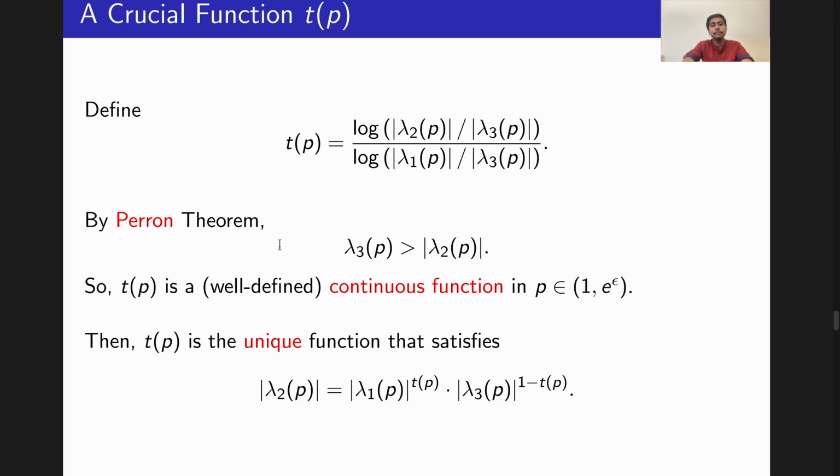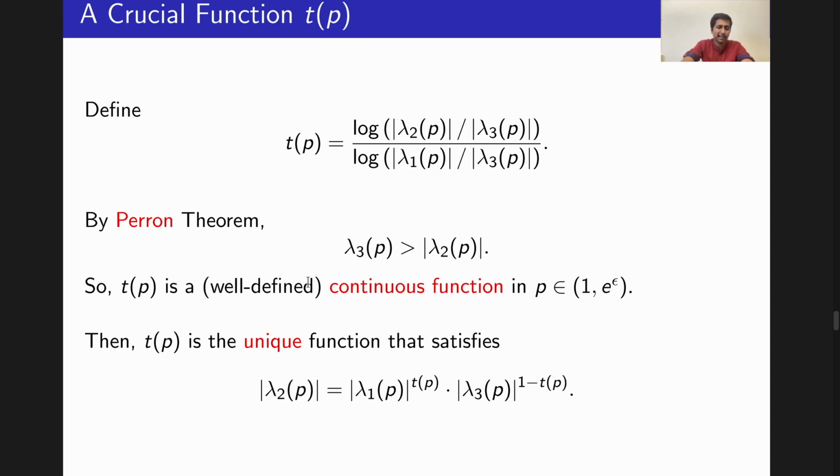Therefore, by Perron's theorem, we know that lambda 3 of P is strictly larger than the absolute value of lambda 2 of P. Therefore, the denominator over here will not be 0, and therefore T of P is well defined. And more importantly, it is also a continuous function within the range 1 to e to the epsilon.